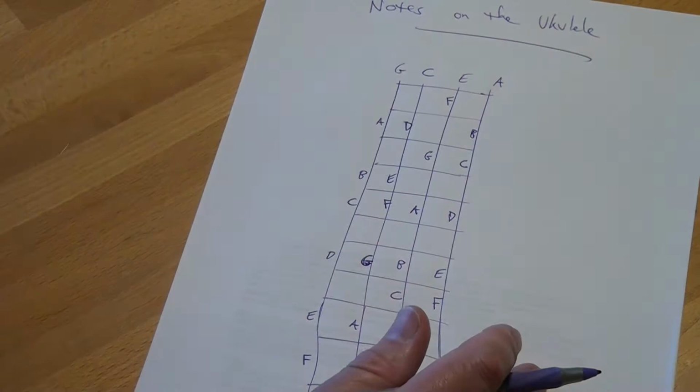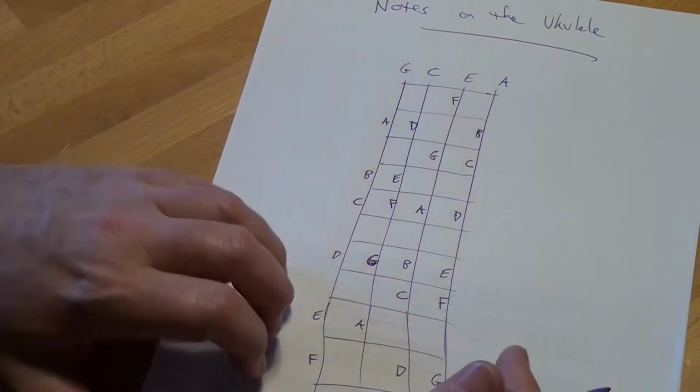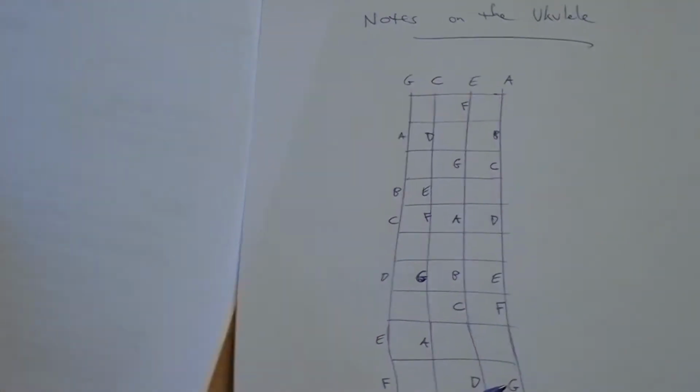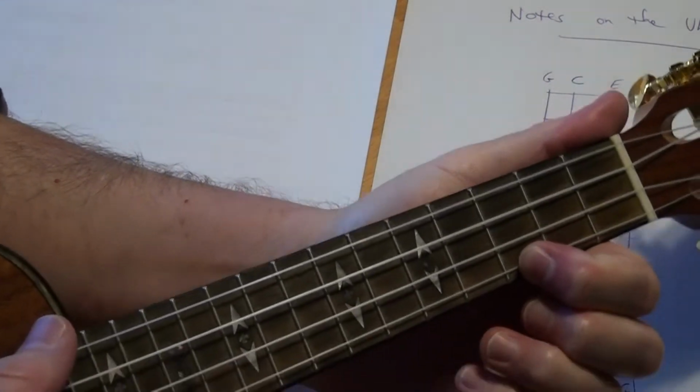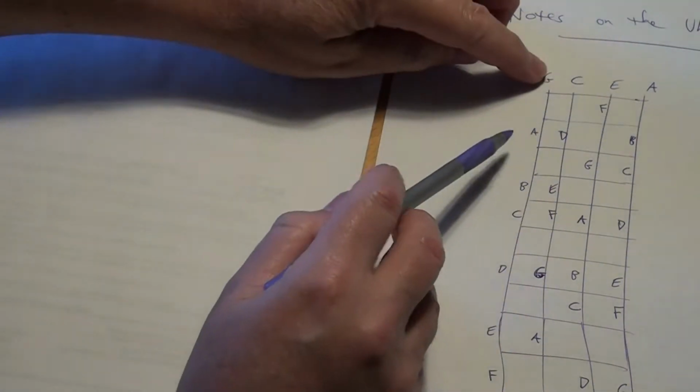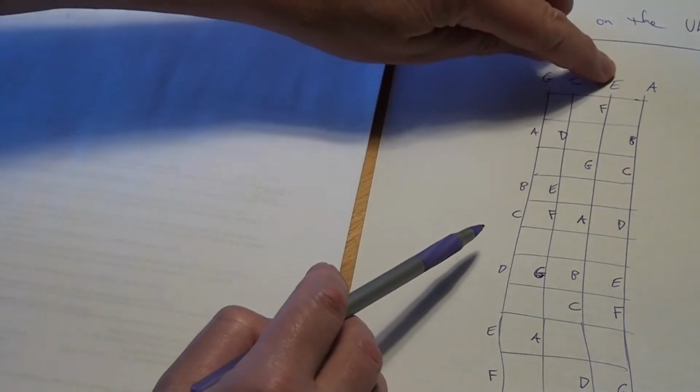So if we look at, say, a C chord. Okay, so a C chord, the normal standard type of C that you would play like that, is open, open, open, and then the third fret.